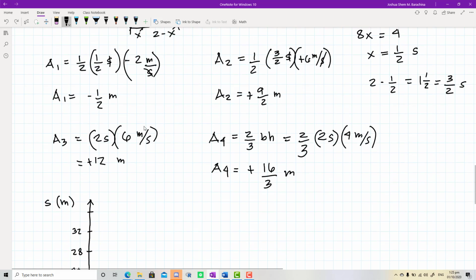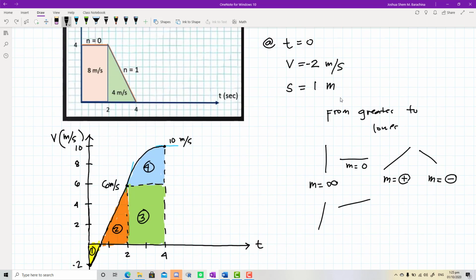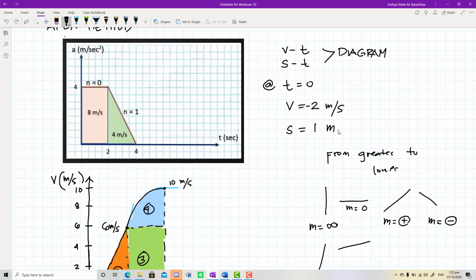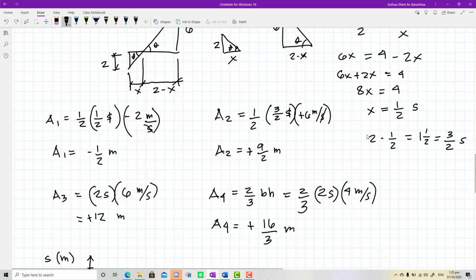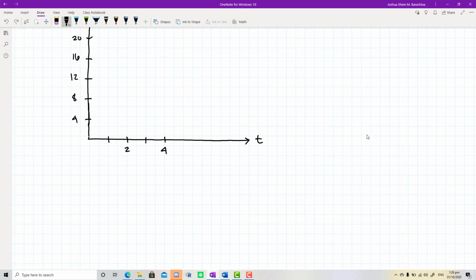Okay, let's continue. Let's go back to the condition that at time 0, the position is at 1 meter. So we will start at 1 meter. It's not exactly aligned, so I'll just adjust.